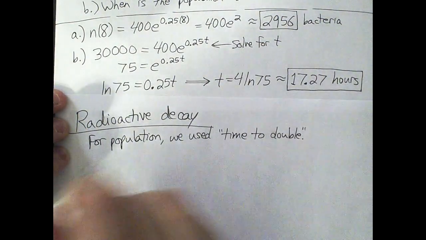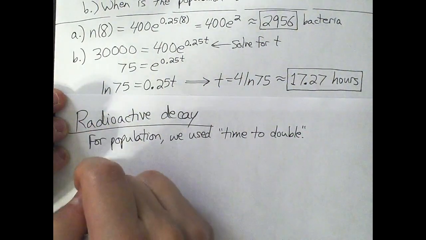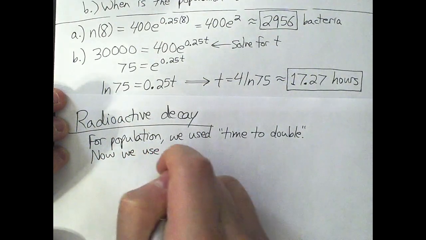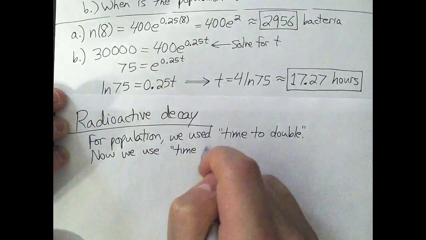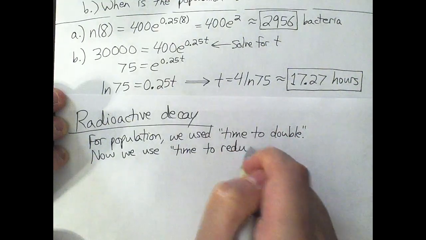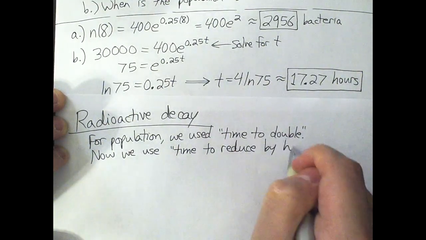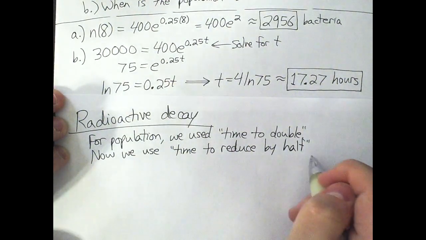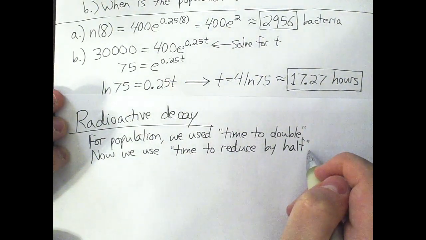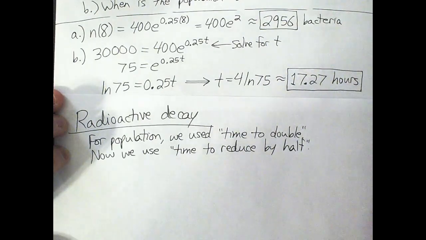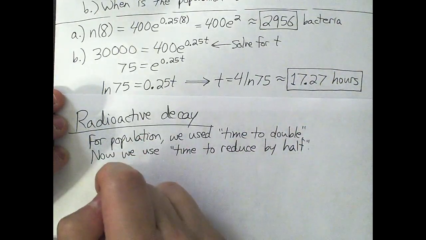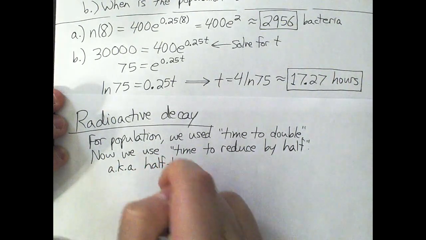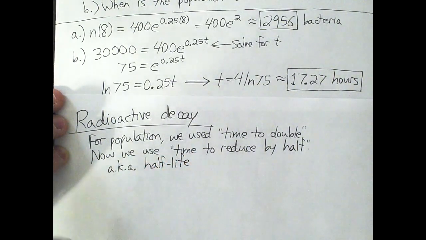So that was a factor. Now we use time to reduce by half, because we are going to be talking about radioactive decay. So there's going to be some substance that is reducing. Instead of growing, it's reducing. And this is also known as half-life, the half-life of the substance.